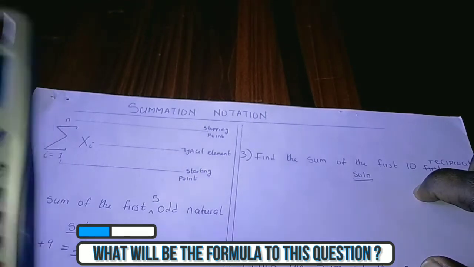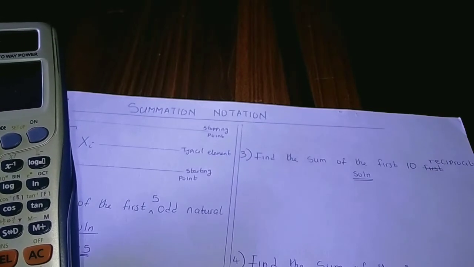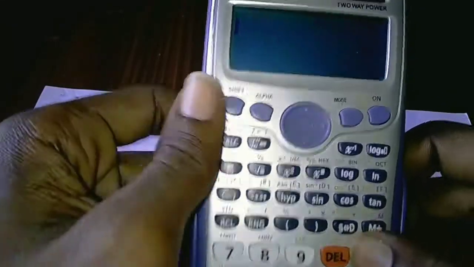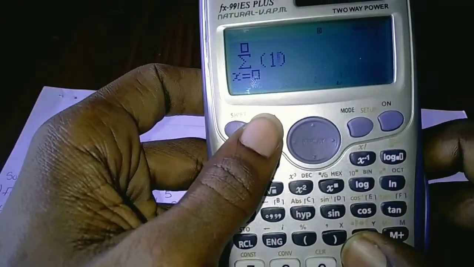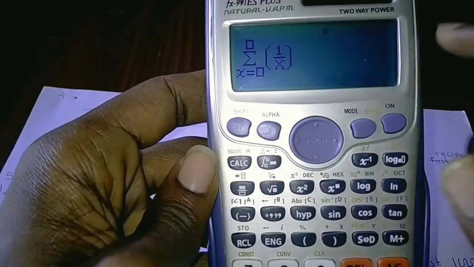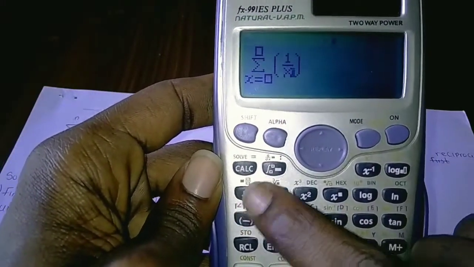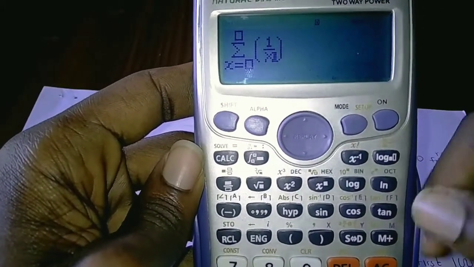It's very, very simple. All you just need to do is simply, since it's the summation of the first 10 reciprocals, I want you to just find the reciprocal of x. Now the reciprocal of 1 over what? X. Can you remember what I pressed? That is 1. All we press here to get this fraction sign.